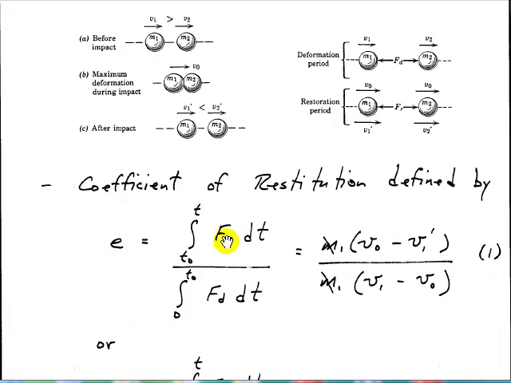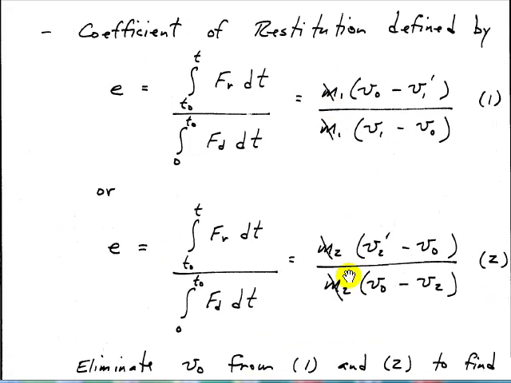Writing our impulse integrals in terms of these velocity changes, from approaching to being connected, then from being connected to separating, we can do that for body 1. We can also do that for body 2, recognizing they have the same E, and recognize that they were sharing the same velocity at maximum impact, sharing that same velocity of V0 that we don't care about.